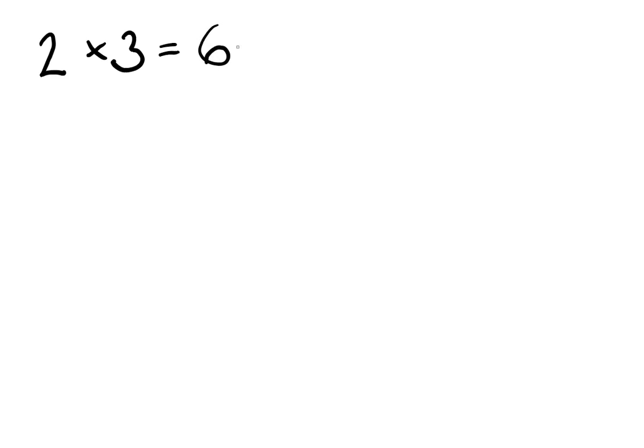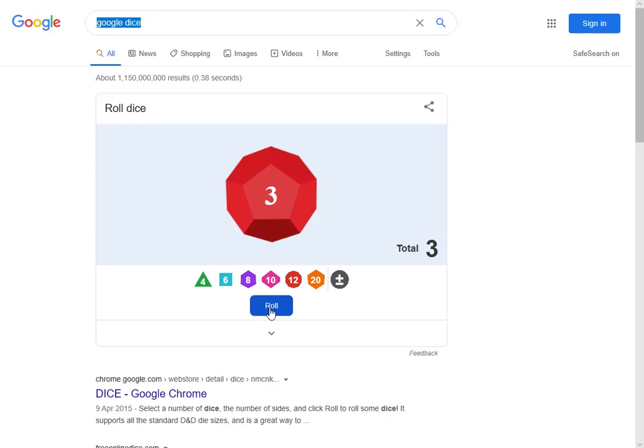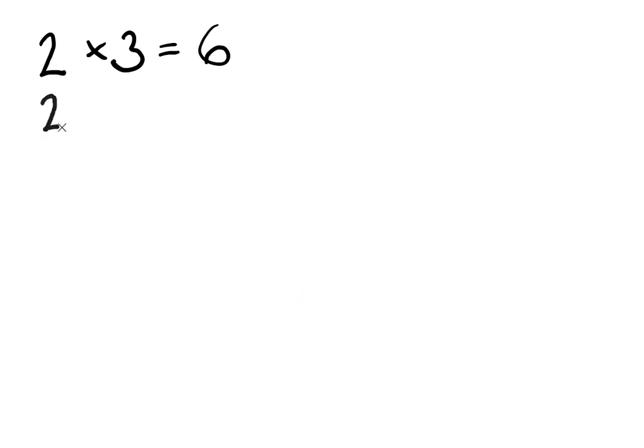Okay, then you go back to your dice, you roll it again. Oh, now I've got 12. So now I write 2 times 12. And I write the answer. Now for that, I think 2 times 10 is 20, plus another 2 2s, that's 24.